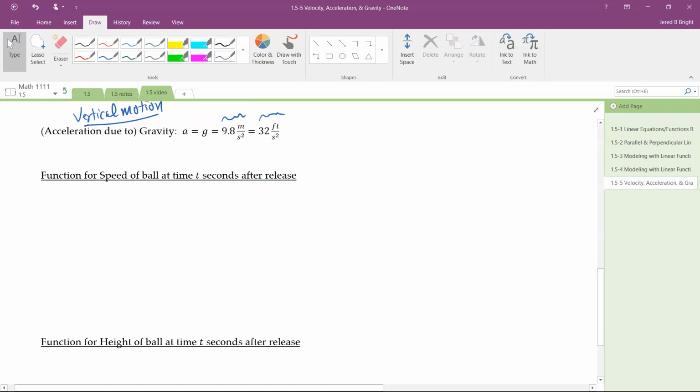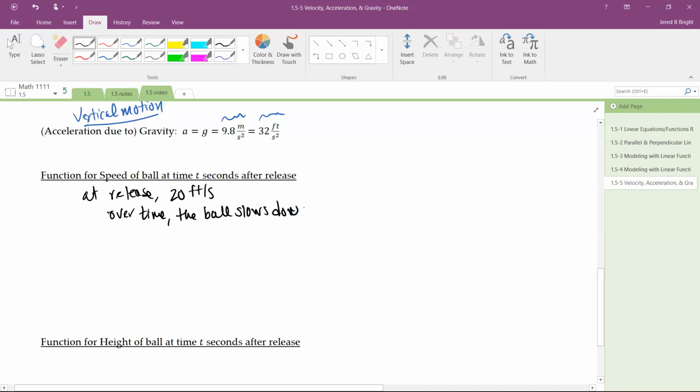Here's what we know. At release, it's going at 20 feet per second. Now if you can imagine throwing a ball up on Earth, over time the ball slows down, right?